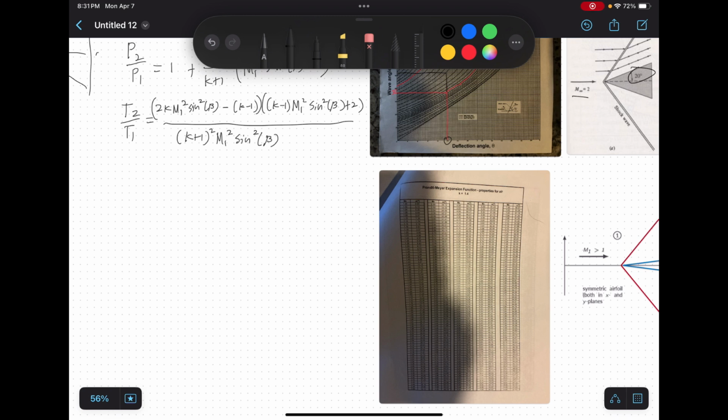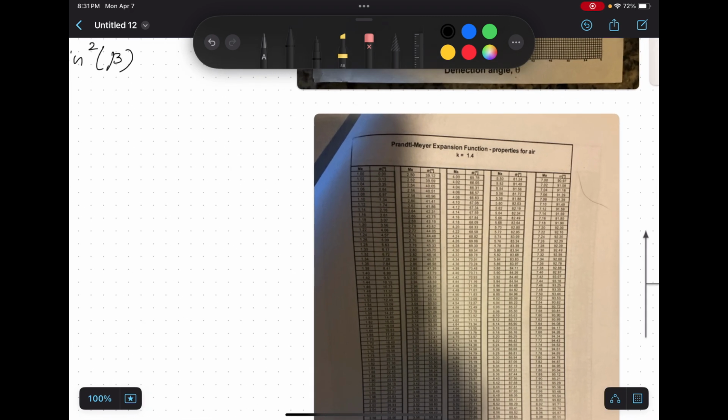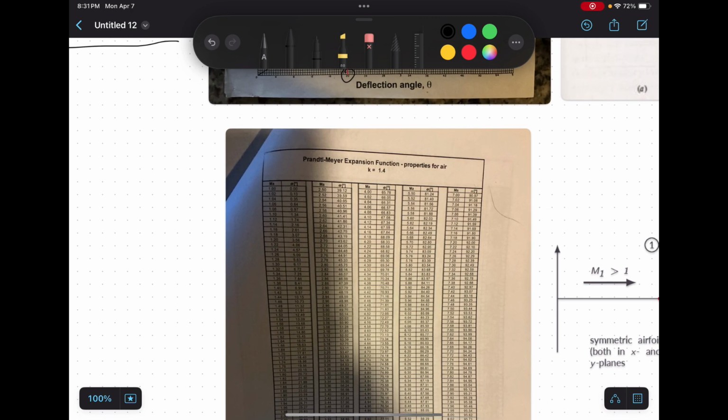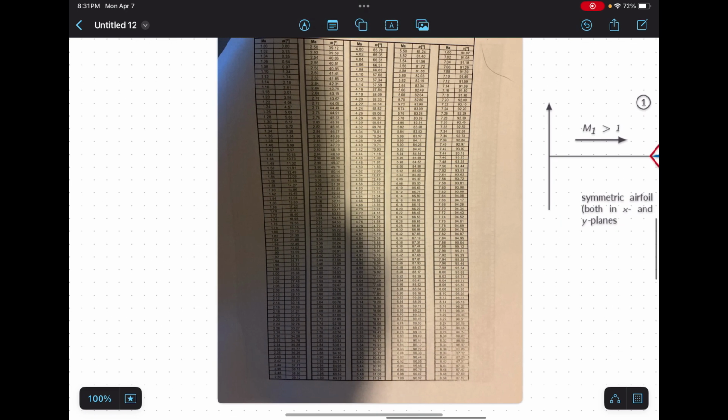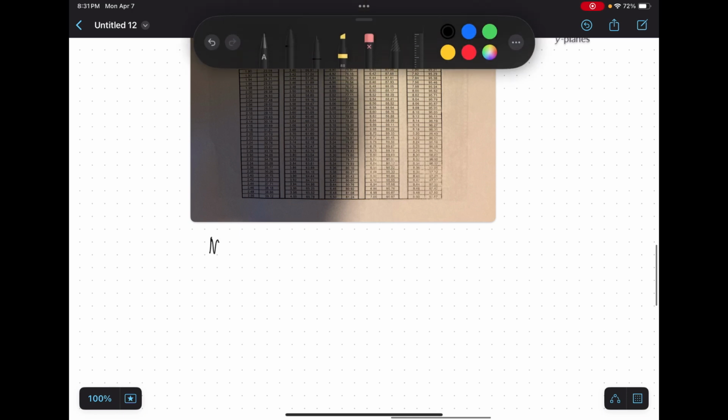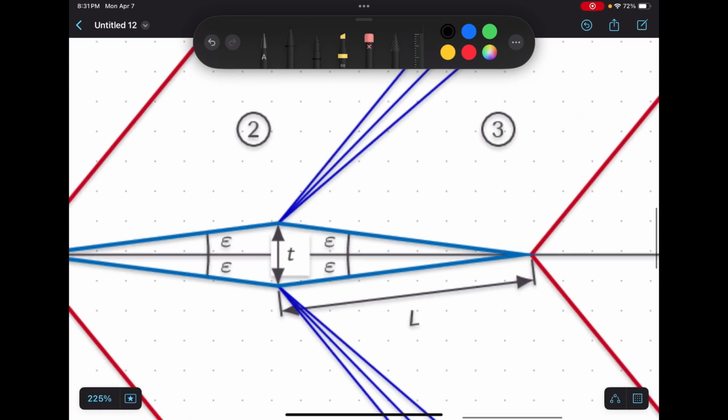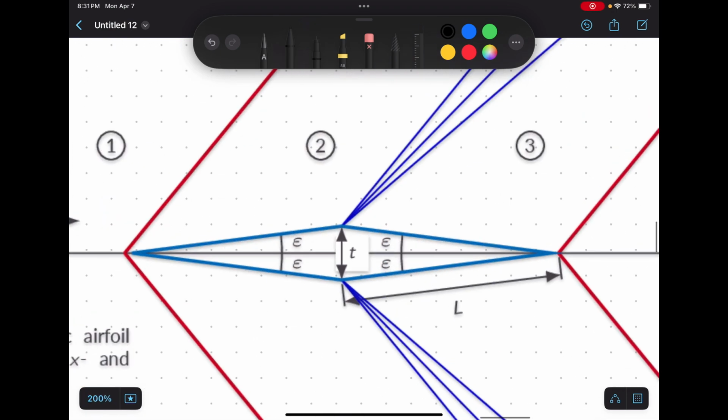So, what's step 1? All right, step 1 is we use the table. So we know the incoming Mach number, Mach 1. I'll write down here. We know Mach 1, and we know theta. I'll draw it on my picture.